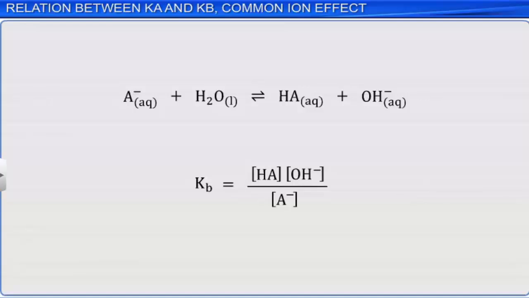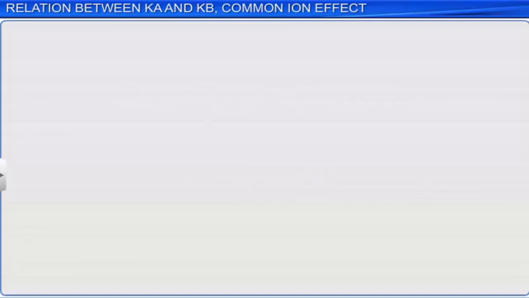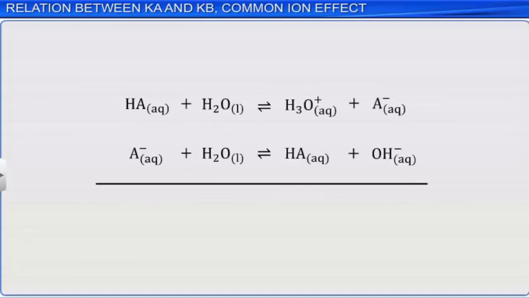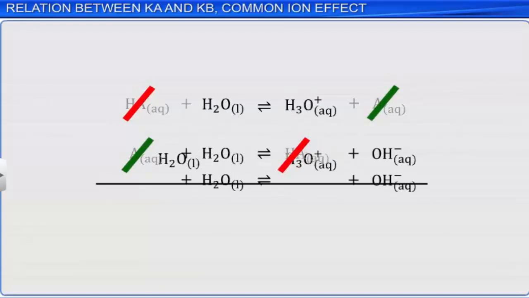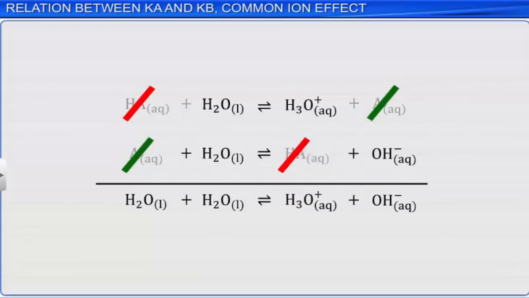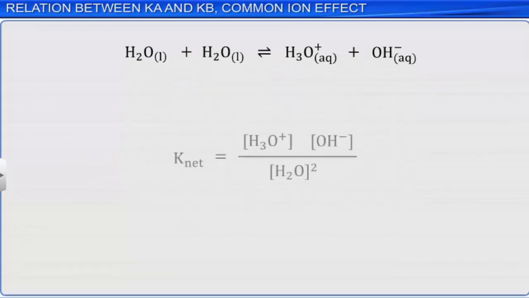On adding these two reactions together, the common terms cancel out, leaving the auto-ionization of water. The equilibrium constant for the net reaction may be expressed as K net is equal to the product of concentrations of H3O plus and OH minus divided by concentration of water raised to the power of 2. As the concentration of water remains almost constant, it can be ignored.